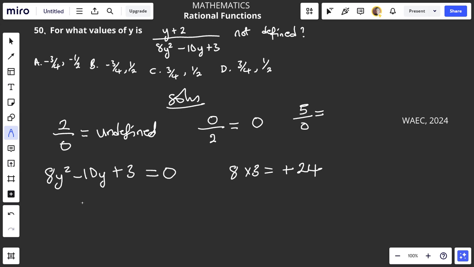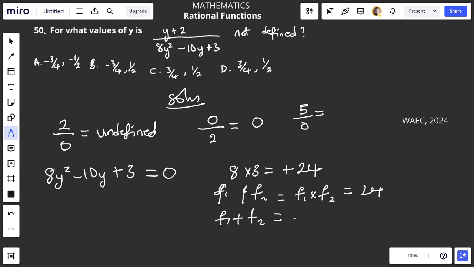Then the next step is we find two factors, f1 and f2, such that f1 times f2 gives us 24, and f1 plus f2 gives us the coefficient of y, which is always termed b in a quadratic expression.